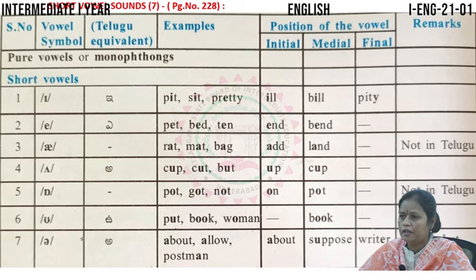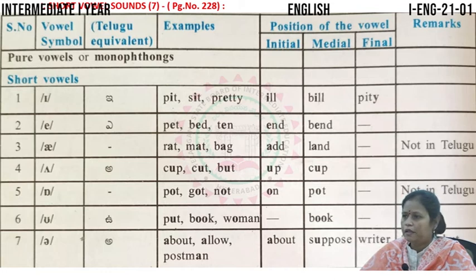R is silent, so that it ends with this sound, writer. A similar but not identical symbol or sound is present in Telugu.